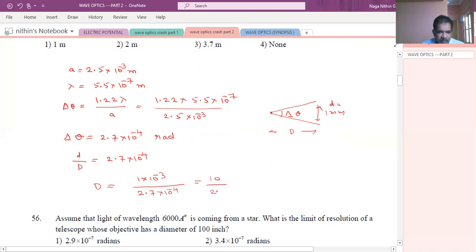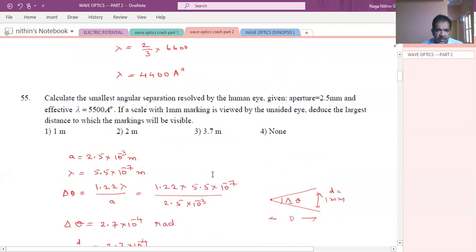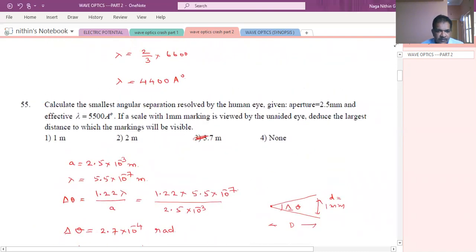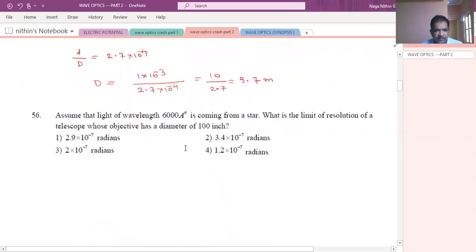This value is 10 by 2.7. If we calculate this value, approximately 3.7 meter. So the answer for this will be 3.7 meter.